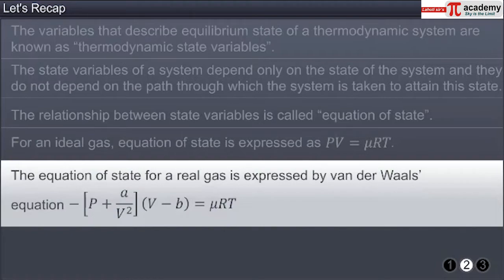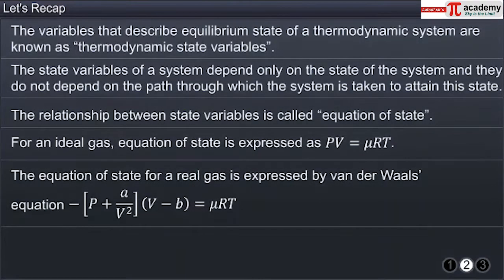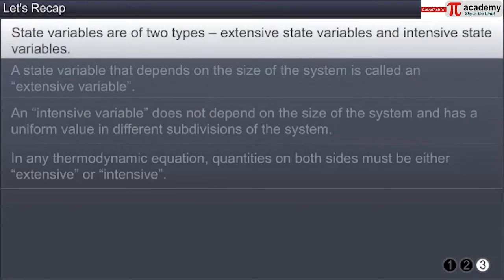The equation of state for a real gas is expressed by van der Waals equation, (P + a/V^2)(V - b) = mu RT. State variables are of two types: extensive state variables and intensive state variables.